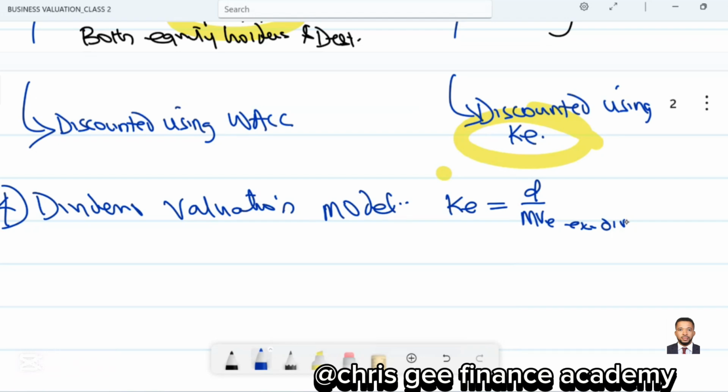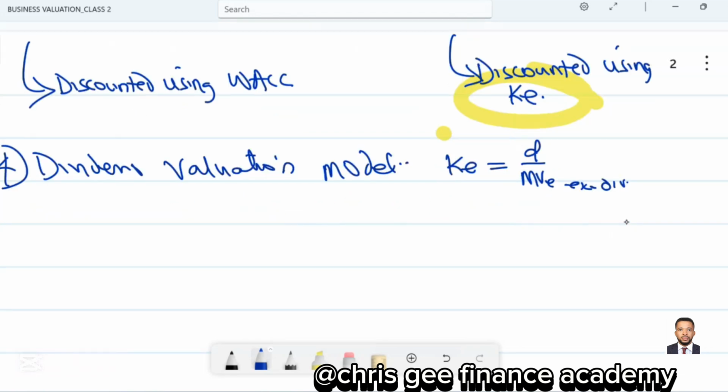So now, if you come to valuation, remember this market value is what I'm doing now, which is valuation. This is what gives me the value of the company. All I'm doing is making this the subject of the formula so that my MVE becomes D all over KE.